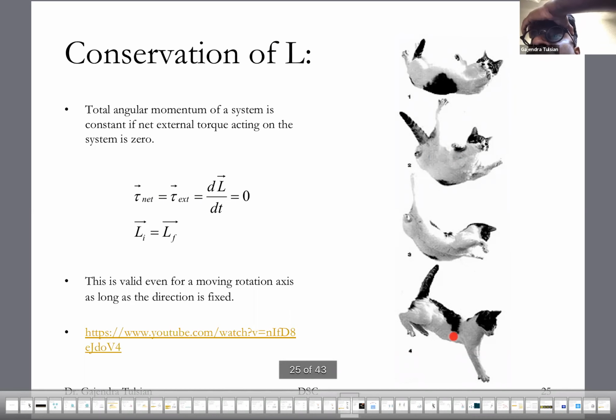Apparently, as long as you drop the cat from about 3 feet, this is good enough for it to land on its feet. And of course, it needs to have a tail. Even if it doesn't have a tail, it probably can turn its hindquarters in one direction and the front in another direction. So this is an application of this fact: external torque is 0 and angular momentum remains constant.